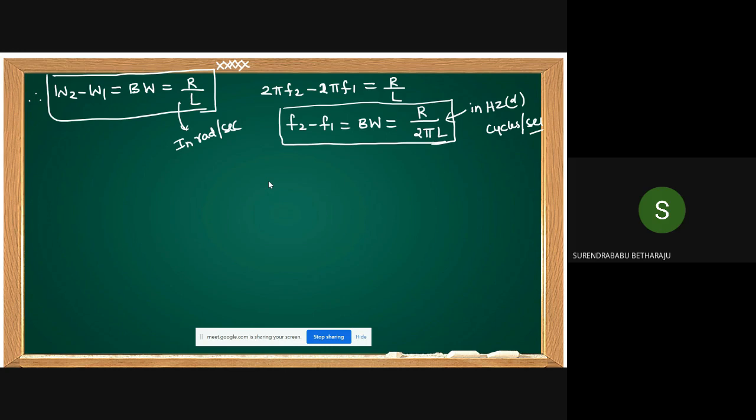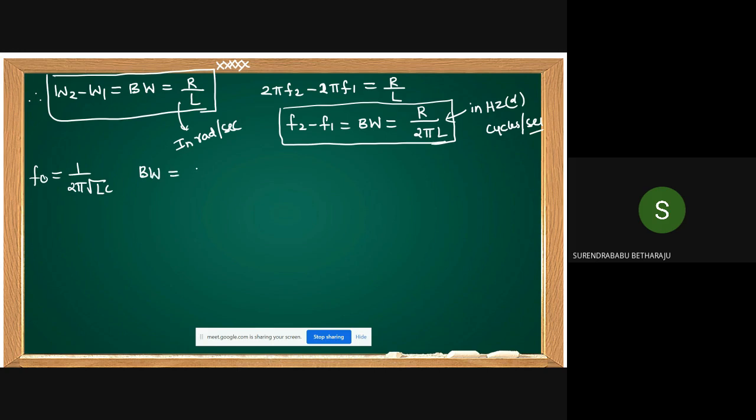What is the observation here? Bandwidth depends on the resistance, but resonating frequency is independent of the resistance. Is it correct or not? f naught equal to 1 by 2 pi root LC, this is the resonating frequency. But what is the bandwidth, students?